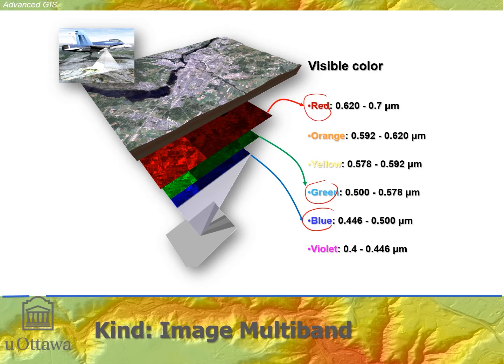And these are the parts that are combined to create real color visible that we see in our eyes, for example. So these parts of the electromagnetic spectrum are measured. They can be combined to create a visible color image of the Earth's surface the way we see it with our eyes. And those values, so values of reflectance in red, green, and blue, are shown in each of the cells of the red layer, the blue layer, and the green layer.